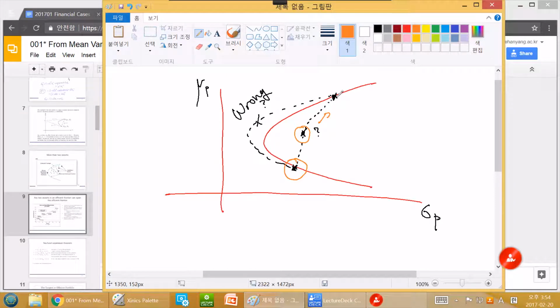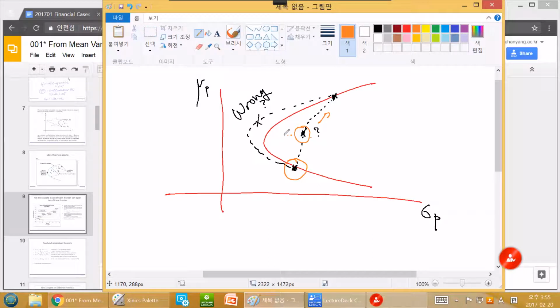Because we use this one and this one to produce this one, then we should be able to use this one and this one to produce this one, right? So if this happens, we can create this one with this one and this one. But then another case is that this is not the efficient frontier.